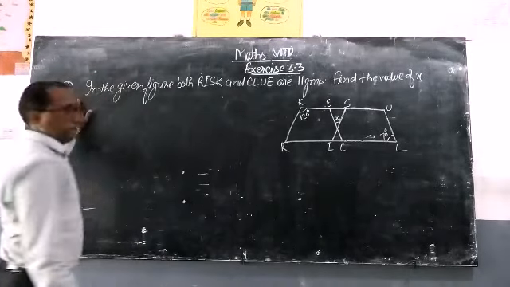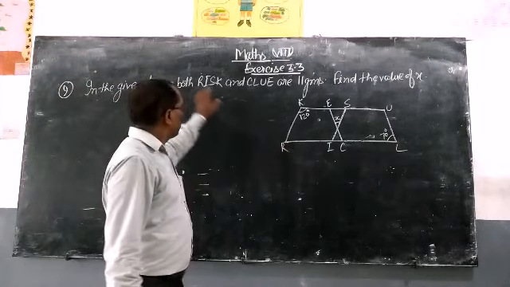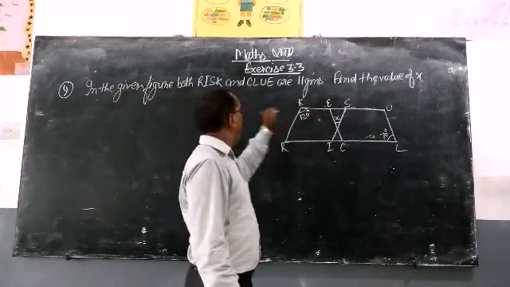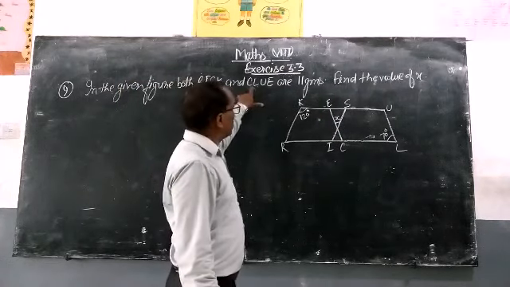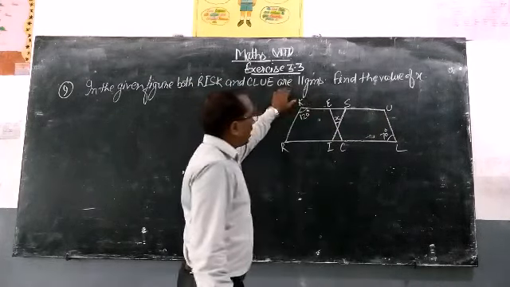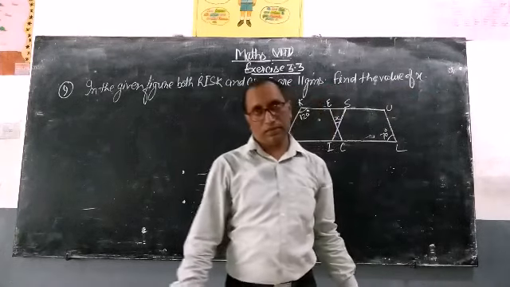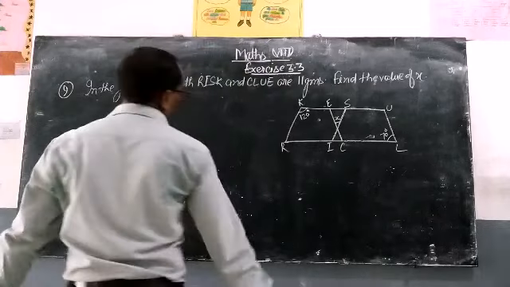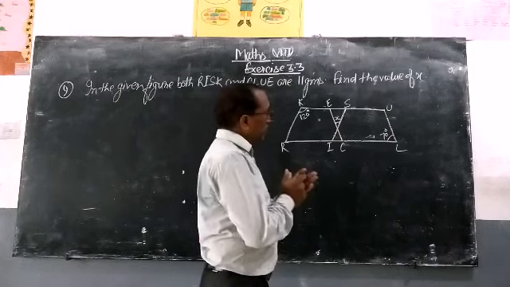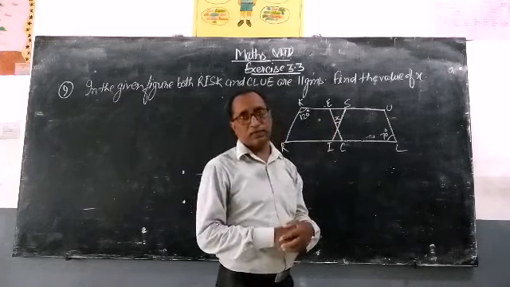Question number 9. In the given figure, both RISK and CLUE are parallelograms. Find the value of x. Means here two parallelograms are given which are connected to each other, and find the value of x.